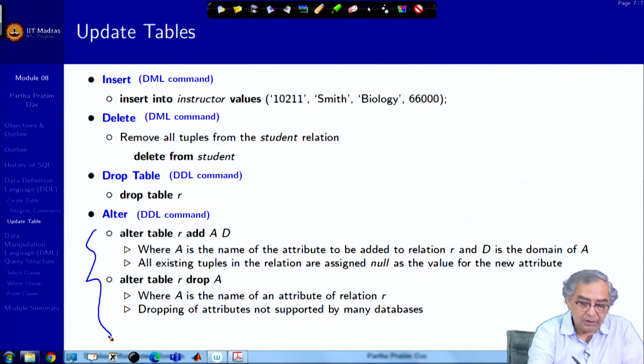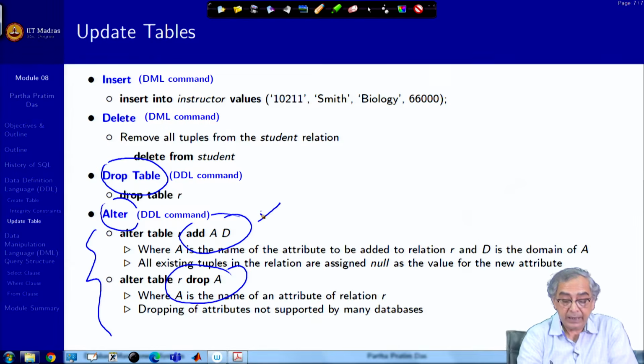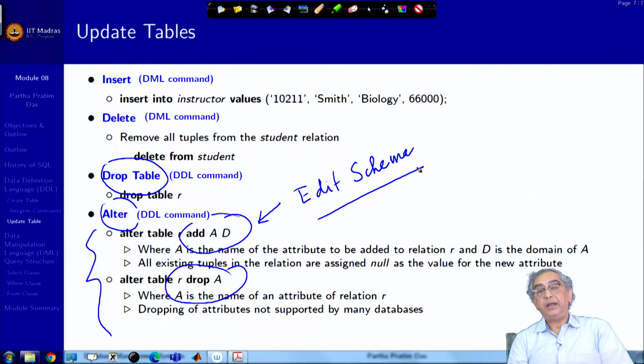So, these all, drop table, alter, these all are basically edit schema. So, first is naturally the creation process and then the editing process for the tables, right, which is important.